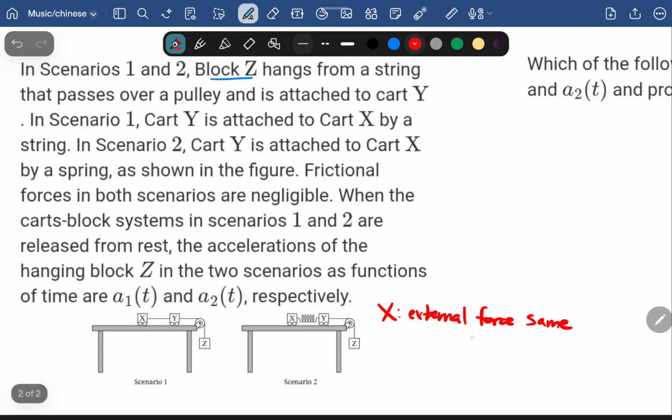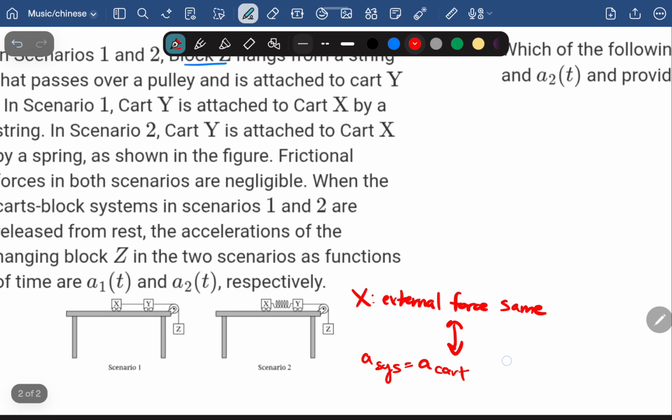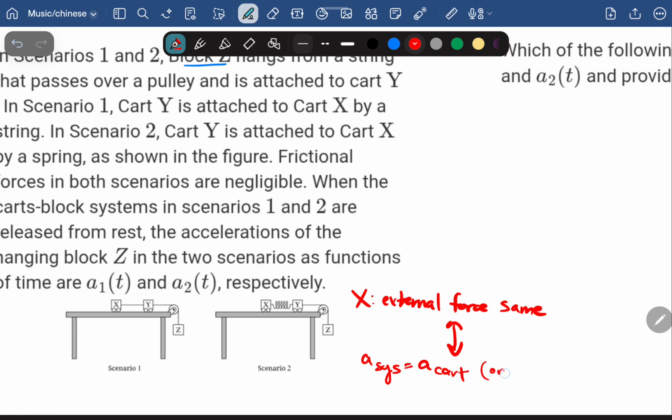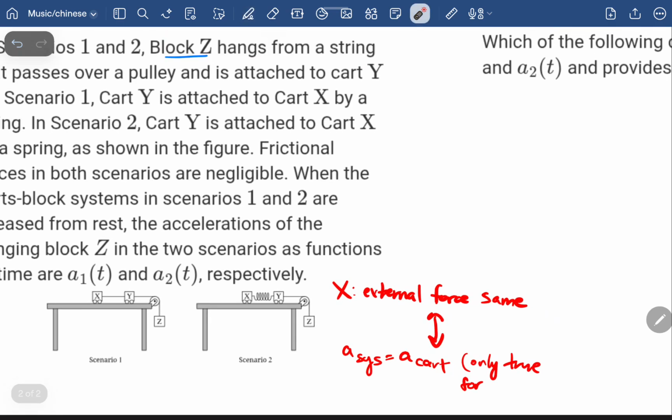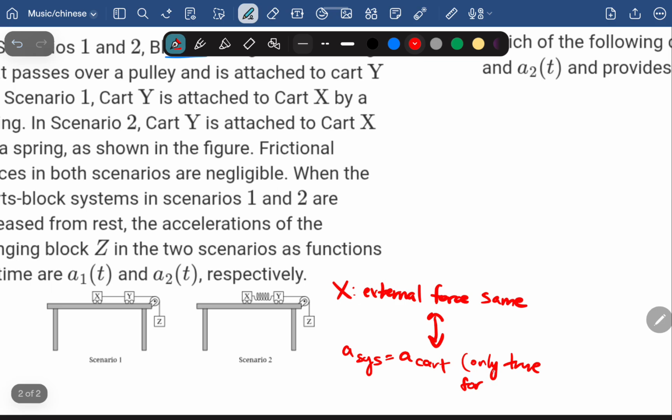So I quickly jumped to the conclusion that the acceleration of the system is equal to the acceleration of each cart. Now this is only true for scenario 1, which is where all the strings are ideal.